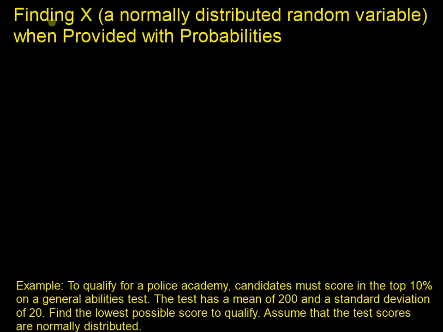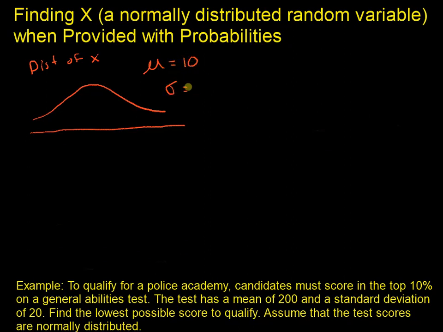In this video, I'm going to discuss how to find an x value, where x is some normally distributed random variable, when provided with probabilities. For example, find the 95th percentile of this distribution. This is a distribution of x, and x has a mean of, it could be anything, say 10, and sigma is 2.